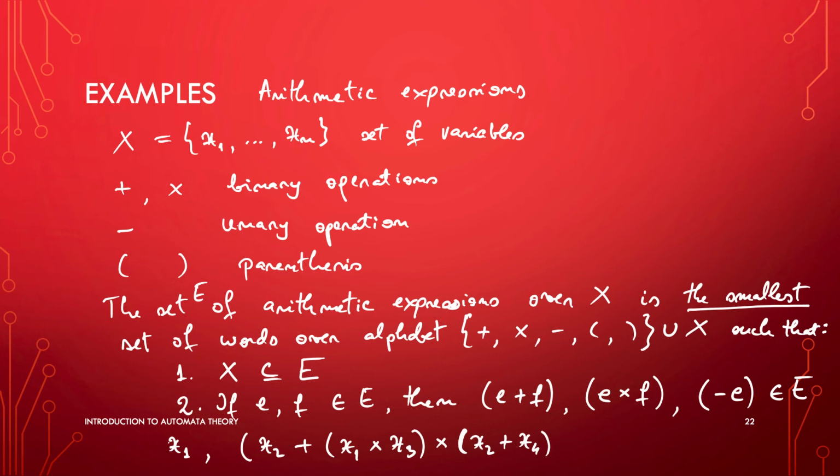And because of the way that we define this, you will have to have these right parentheses to match the left parentheses in here. So all of these kinds of things are going to be inside our set of arithmetic expressions defined through this inductive definition.